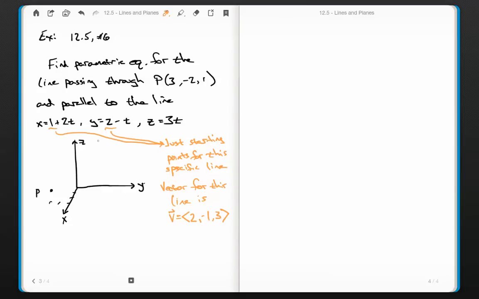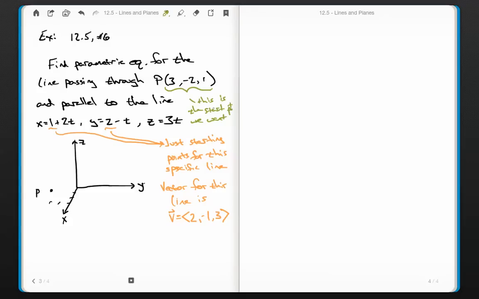So if I've got this point here, P, 3, negative 2, and 1, and I want that to be my starting point, I'm going to put this in green because this is what we're really interested in. This is the start point we want.